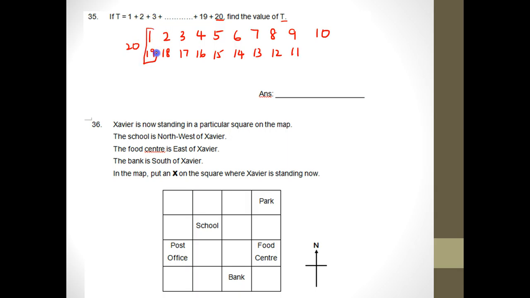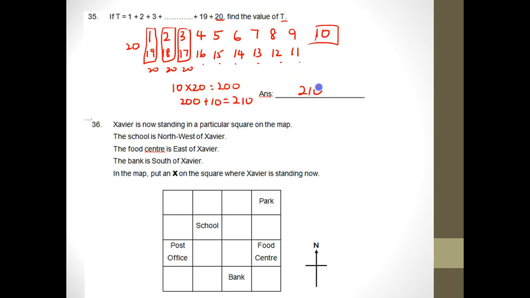So I can see that there are 10 groups of 20. 1 plus 19 is 20, 20, 20. So I have 1, 2, 3, 4, 5, 6, 7, 8, 9, 10. So 10 groups of 20, which is 200. 200 plus 10 here, which is 210.